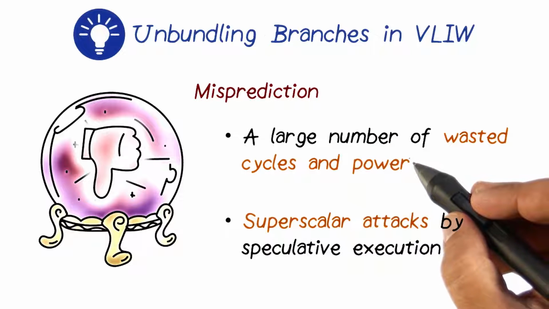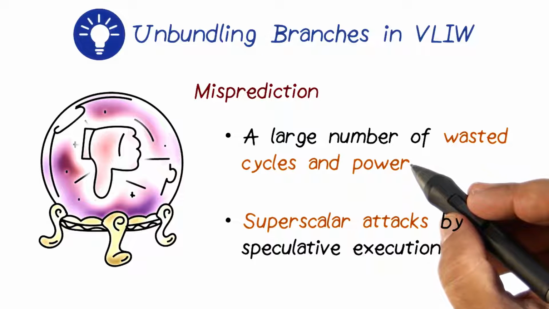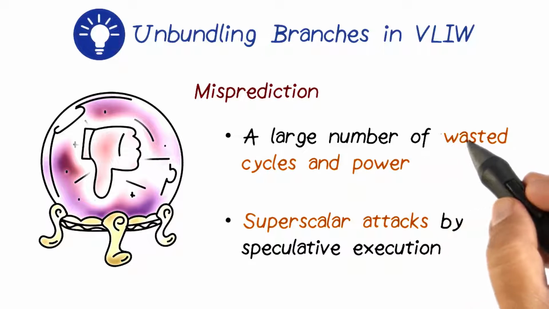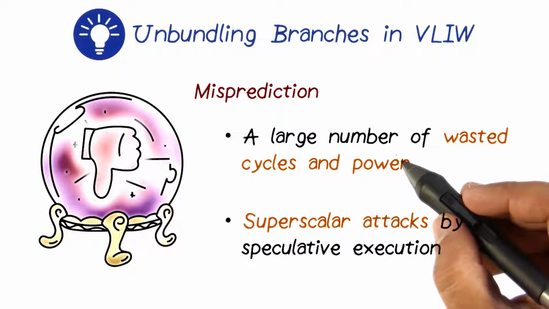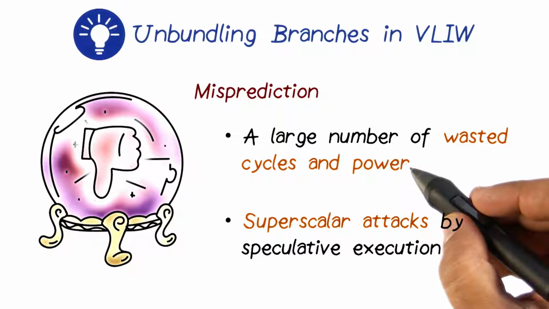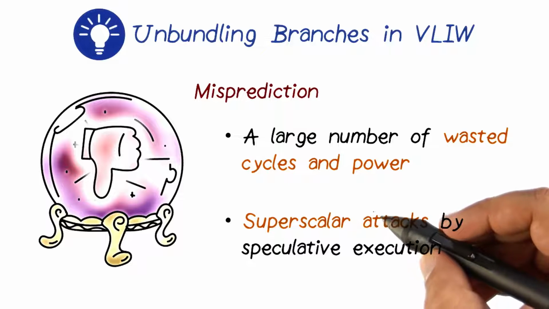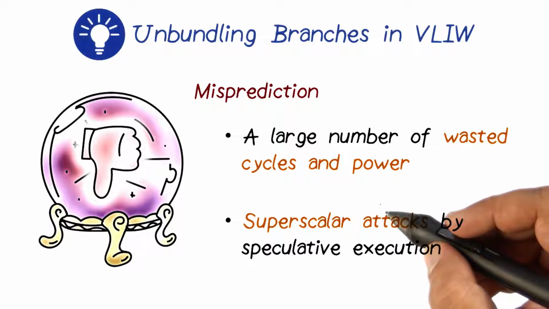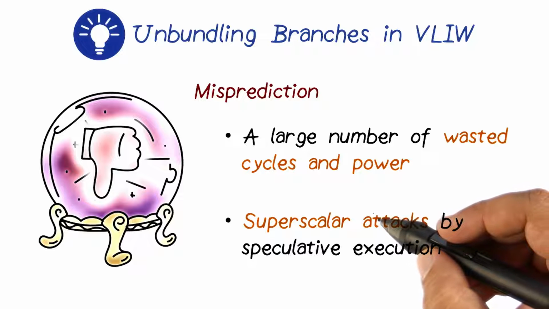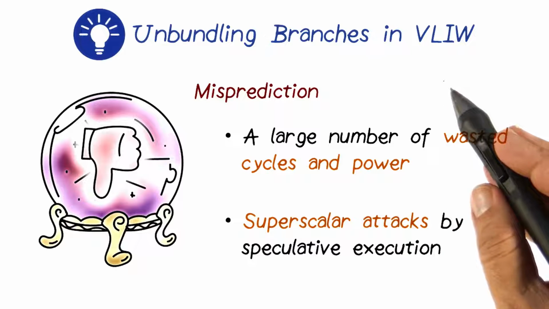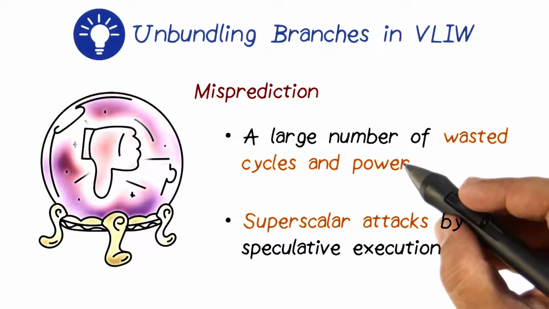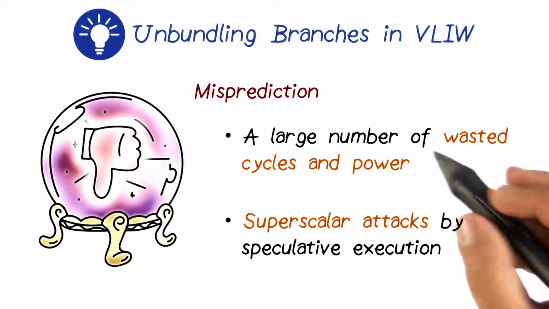In such a case of misspeculation, we have to throw away a whole lot of results, and the instructions that are executed have to be discarded. Not only will we waste a lot of cycles, we'll also waste a lot of power or energy here. This idea of speculation is great in superscalars, but it is not good in VLIWs and embedded systems, especially because of the energy consumption that is incurred upon misspeculation.